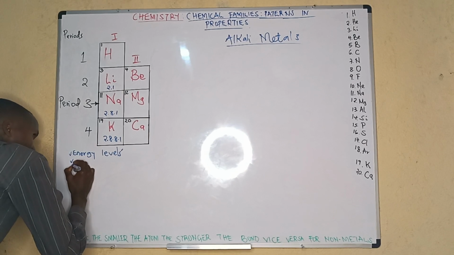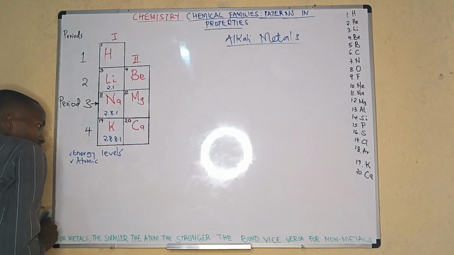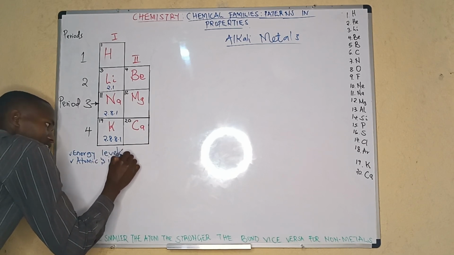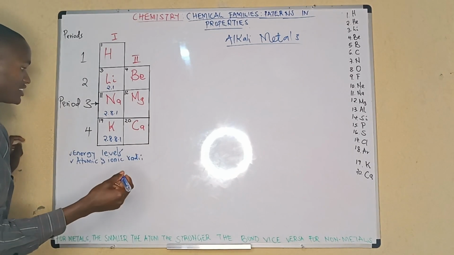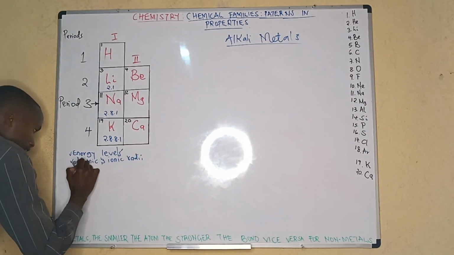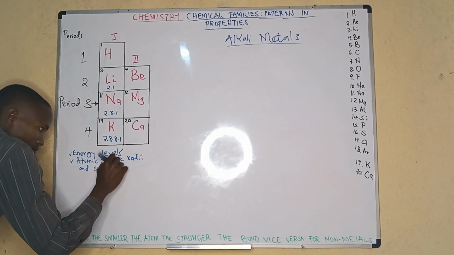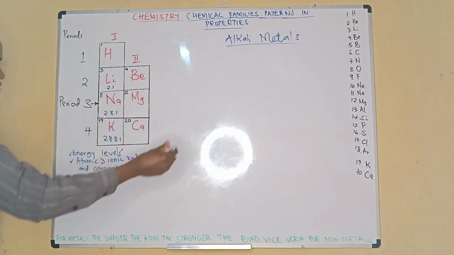Let me write it here: atomic and ionic radii, that's the plural of radius, and comparing them. That is the second thing that we'll be looking at for each of those chemical families.